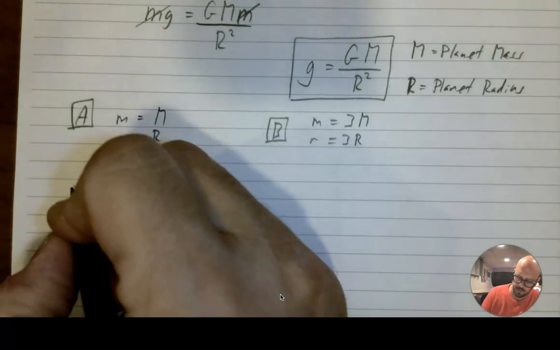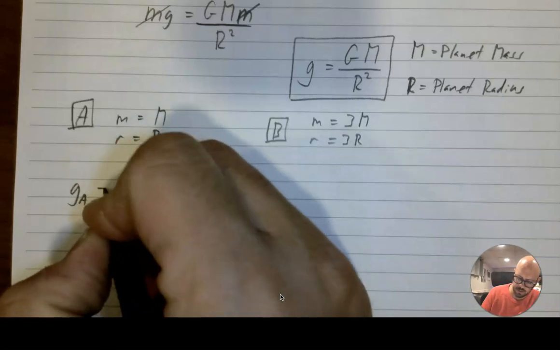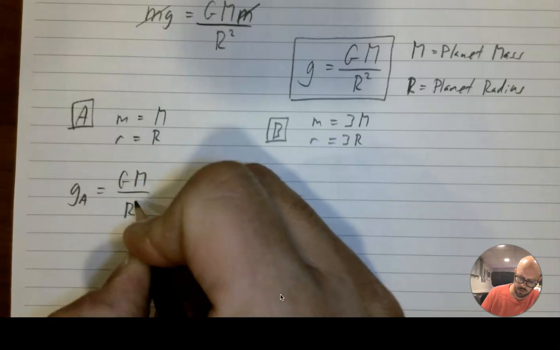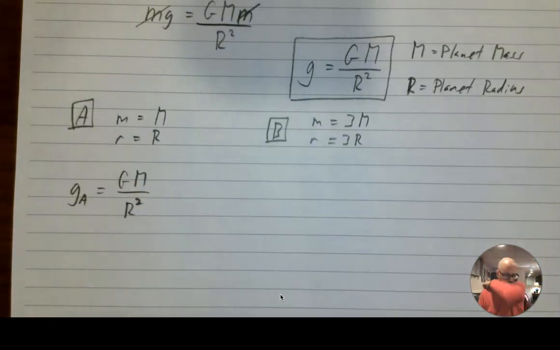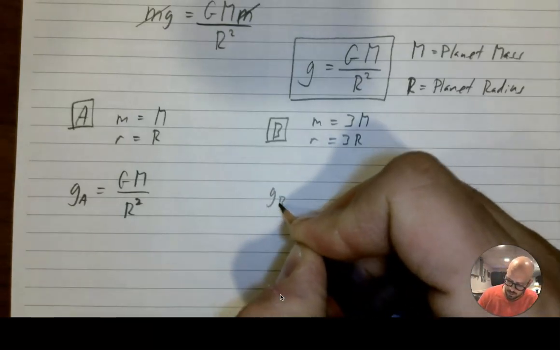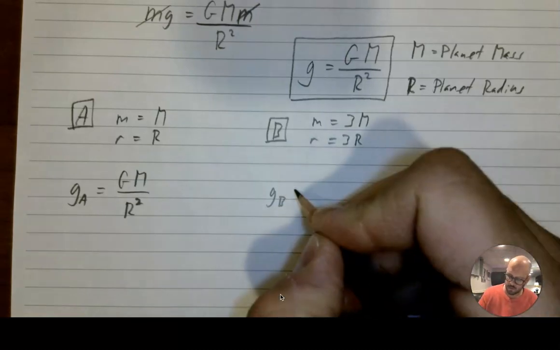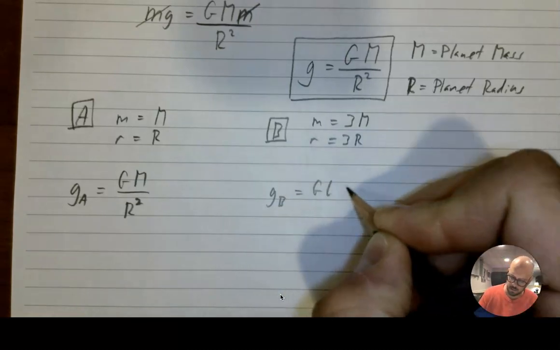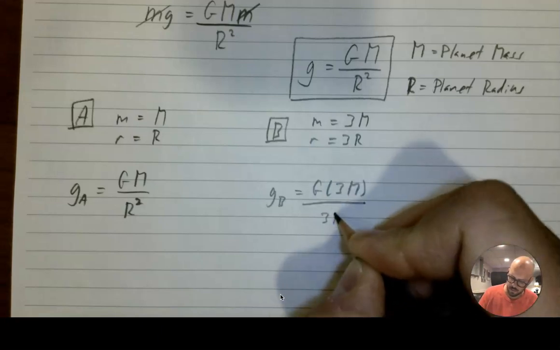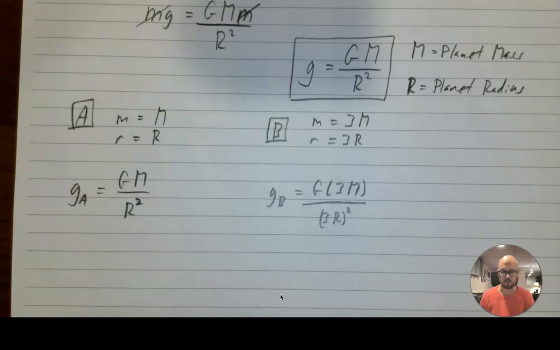So little g on planet A is equal to big G big M over r squared. That's just an expression for planet A. For planet B, we're going to derive the same type of expression. This time it's big G times 3m over the quantity 3r squared.